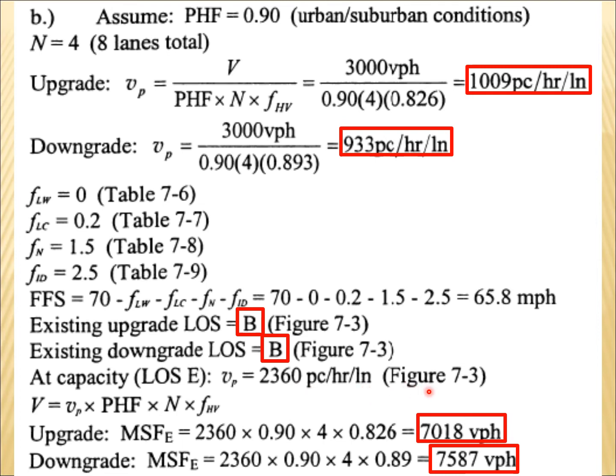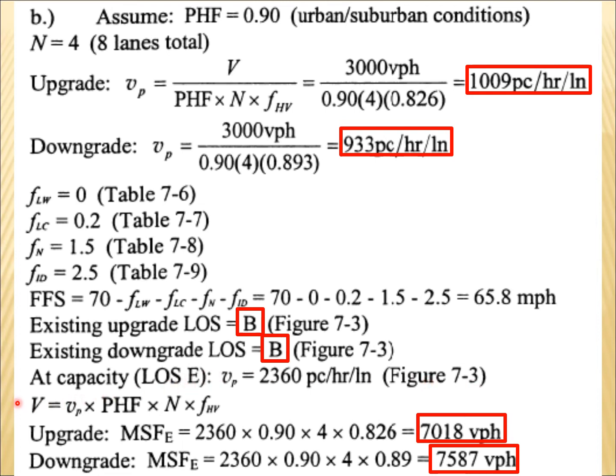So by consulting figure 7-3, you can get V sub P corresponding to level of service at capacity. You can say it is 2360. You can get it from figure 7-3, and from that obviously the level of service is E.